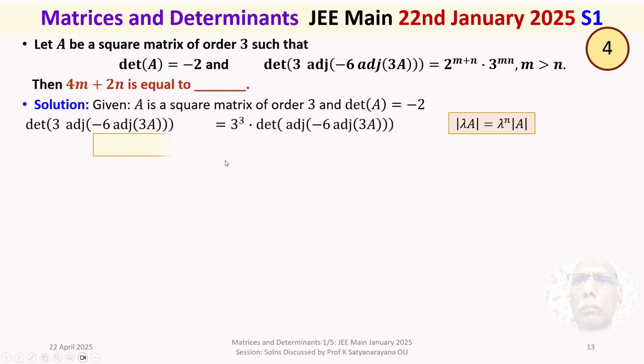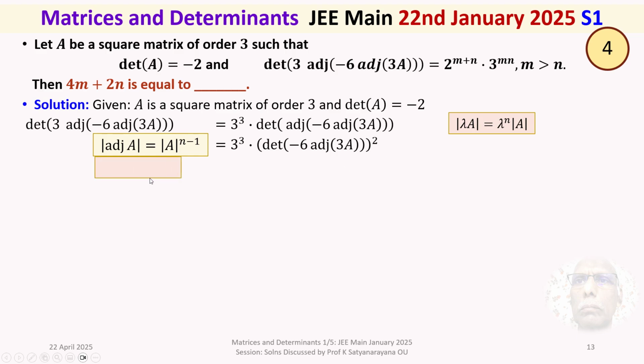Now we use determinant of adjoint of A is determinant of A to the power of n minus 1. So determinant of adjoint of this one will be equal to 3 cube into determinant of minus 6 times adjoint of 3A whole to the power of n minus 1, that is 3 minus 1 is 2.